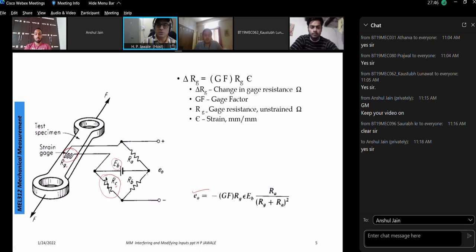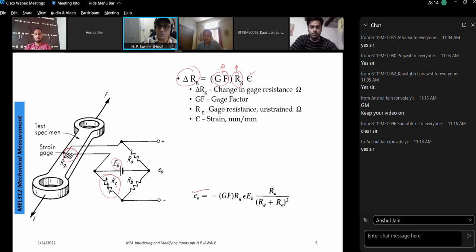So let us understand: the change in the resistance del RG will be equal to the gauge factor into the resistance of the wire into the strain. For the normal instance of operation, the gauge factor is already decided and the resistance of the wire is assumed to remain fairly constant.